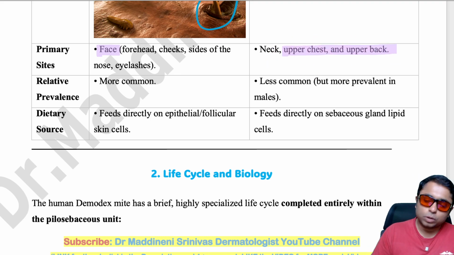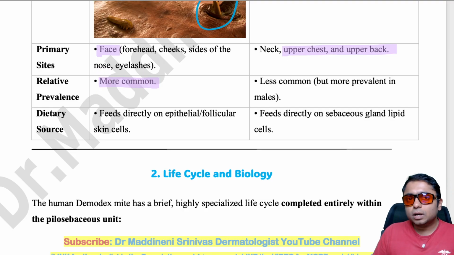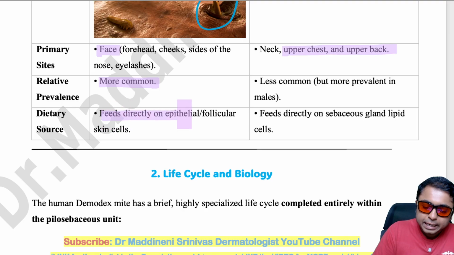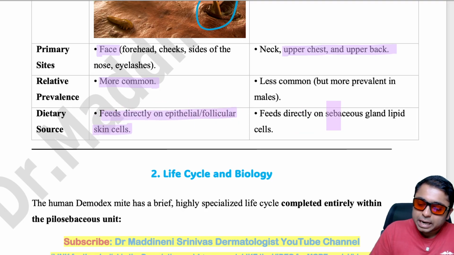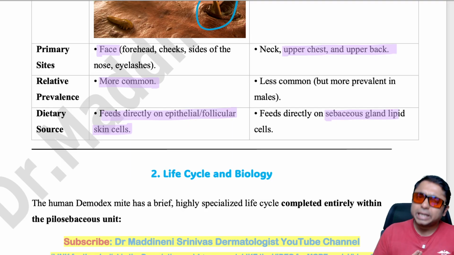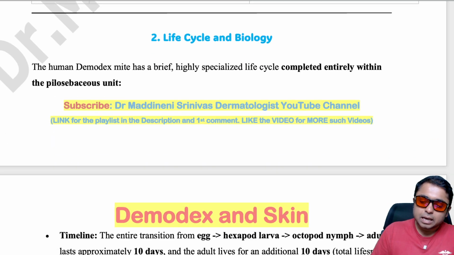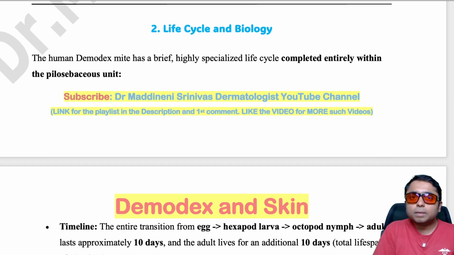The prevalence of folliculorum is very common compared to brevis, and it feeds directly on the epithelial or follicular skin cells, whereas brevis feeds mainly in the sebaceous glands on the sebum. Right, these are the differences between Demodex folliculorum and brevis.